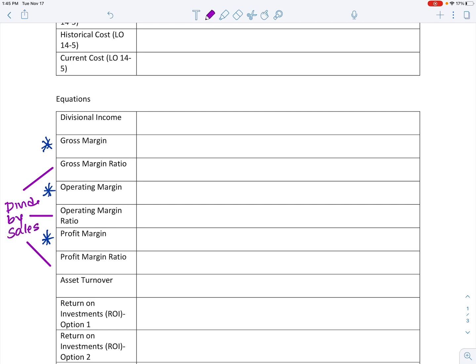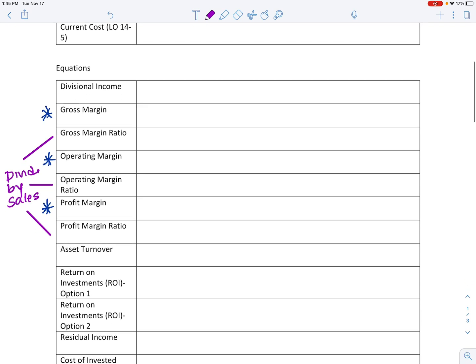Sometimes it is helpful to have these quick little hints next to your equations so that when you are trying to do the homework or looking through these equations, it's something easy to remember. So remember, anything that has the ratio, all we do is divide by sales.